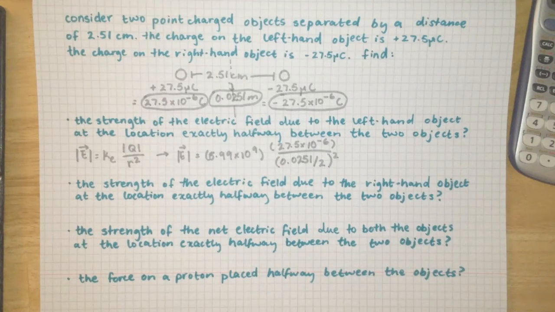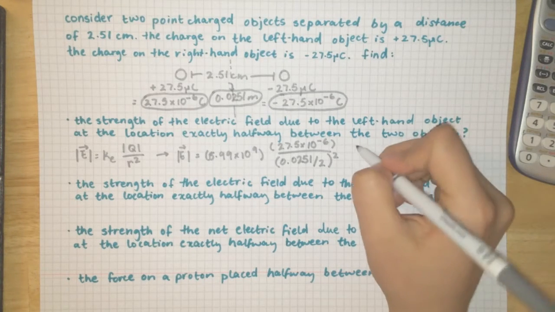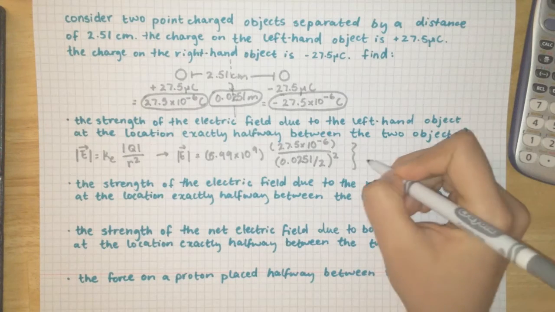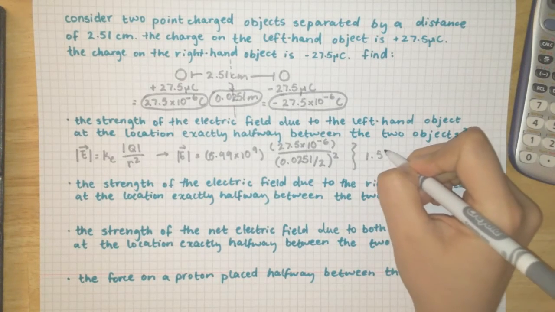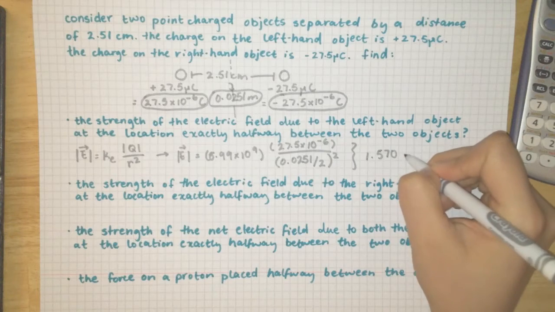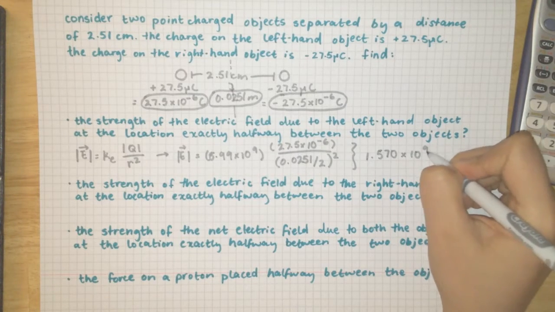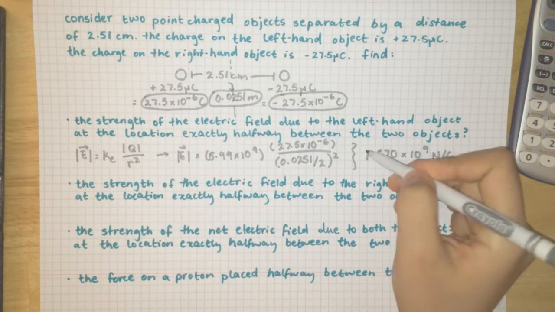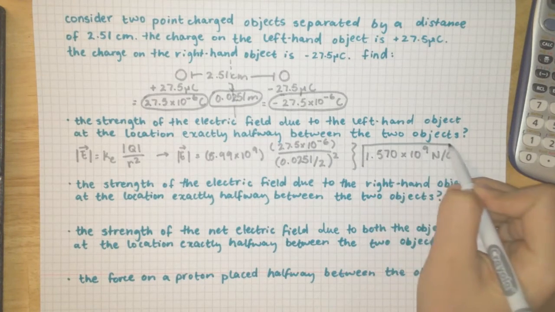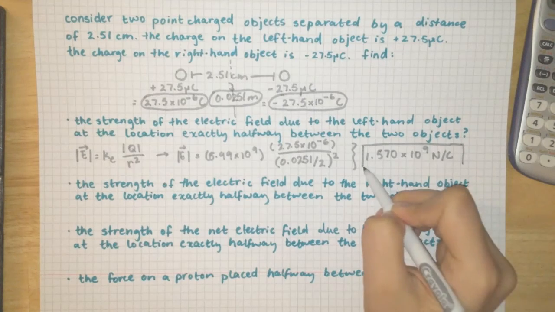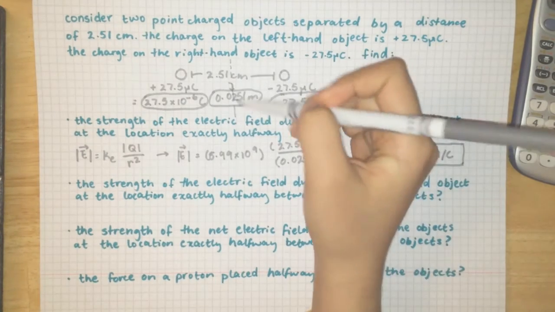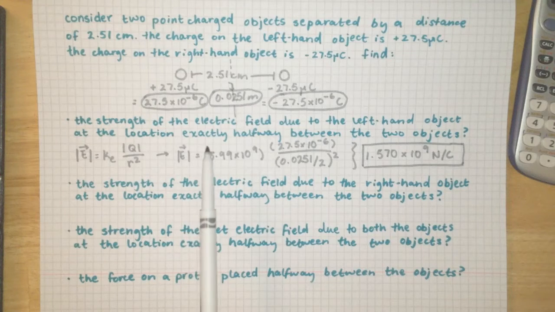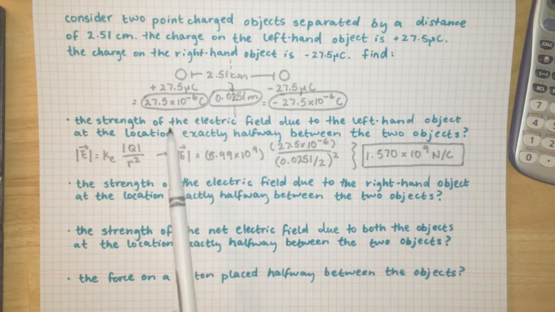So we can just put all of this into the calculator, and when we do, we get 1.570 times 10 to the 9th, and the units are newtons per coulomb. So this is the strength of the electric field at the halfway point in relation to the left-hand point-charged object.